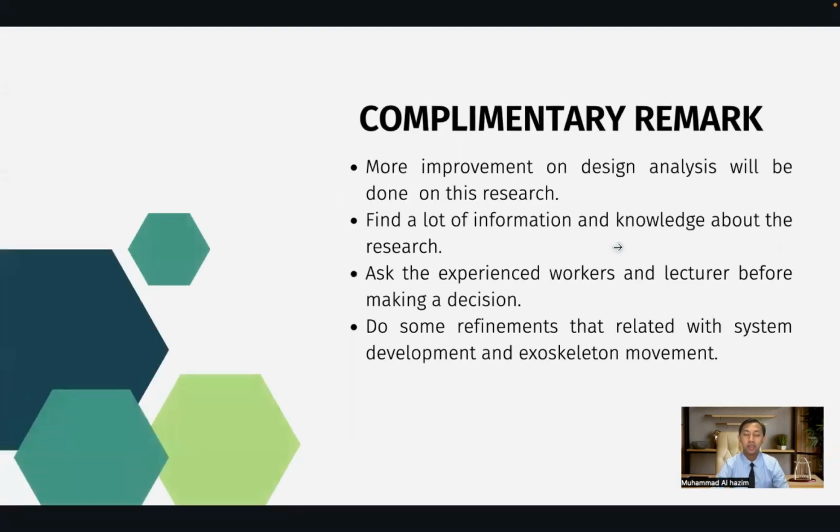Before I end my presentation, these are my concluding remarks. I think my research is not yet enough to be good research. I would like to improve my design and analysis so that it fulfills the objectives and can overcome the limitations.